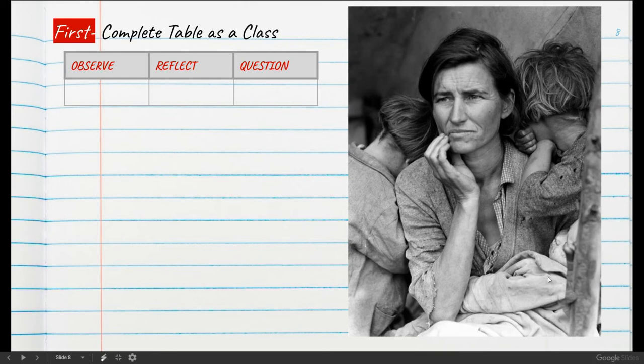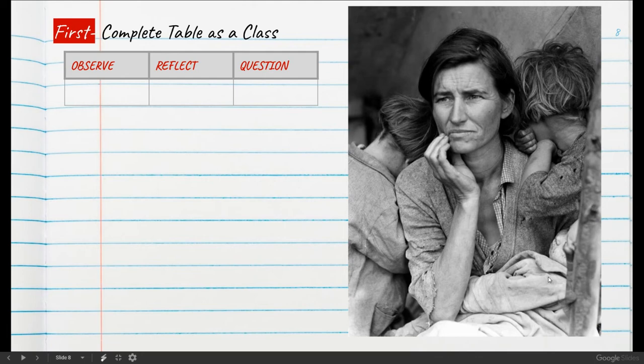And so it looks like this mother maybe is a mother who doesn't have a lot of money. They look to be in poverty. I'm thinking that this image was made to showcase living conditions of poor people in a particular time period, maybe the Great Depression, I'm assuming.